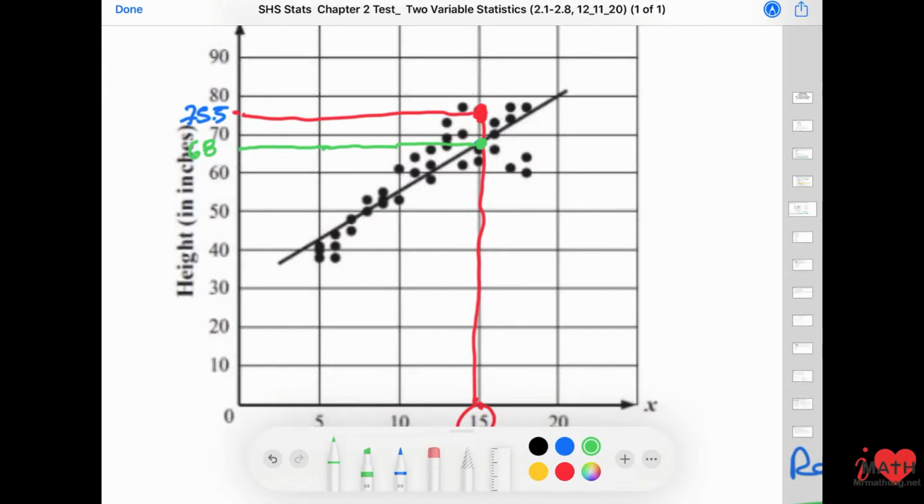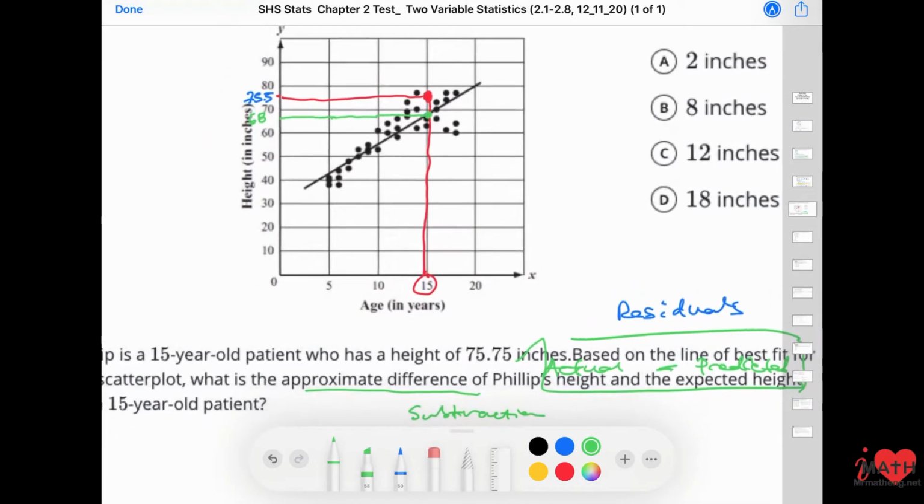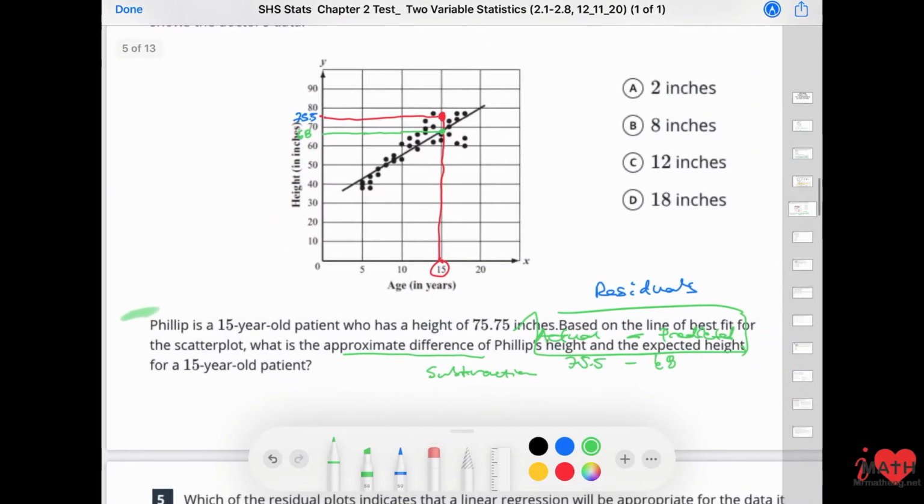So that would be a difference of 75.5 minus the 68. That gives me around 7.5. And 7.5 is closest to which one? 8. So number 4, the answer is 8. Philip is actually 8 inches taller than expected. Does that make sense? Because it's above.